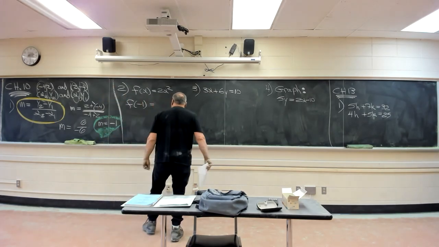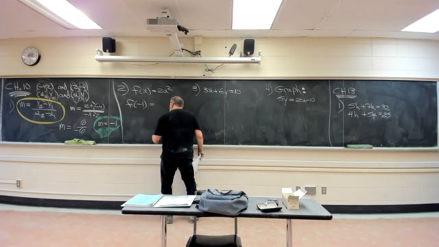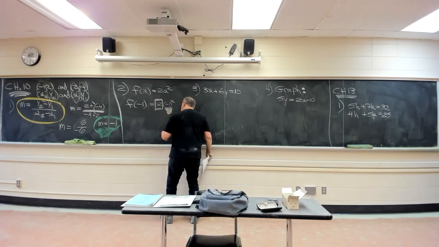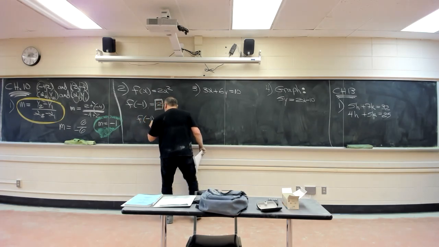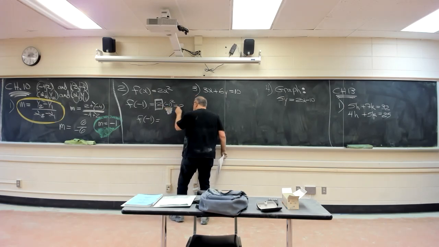That's the answer there. For this one, f of x equals 2x squared. If x is equal to negative 1, you put negative 1 in for x. The 2 is not going to come in here and get squared. Only this is getting squared. Essentially, 2 is 2.